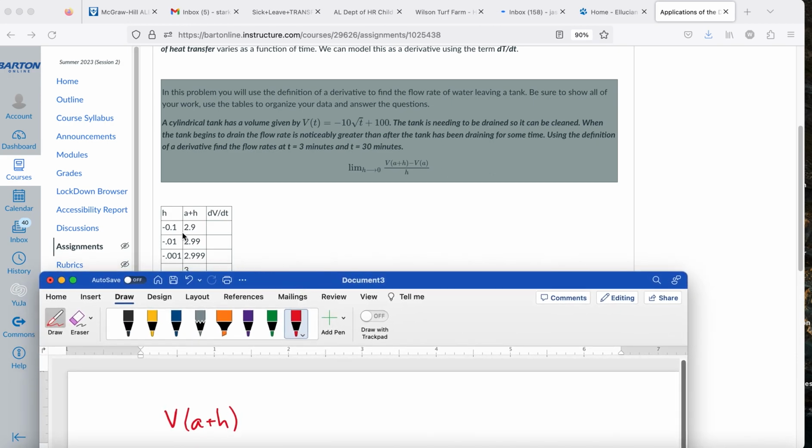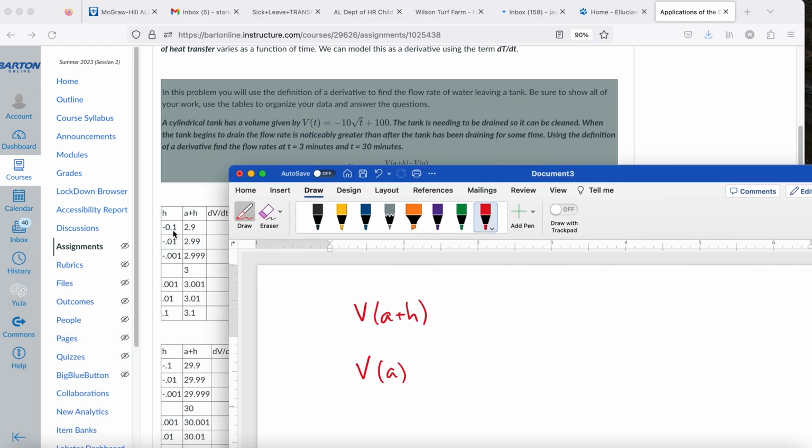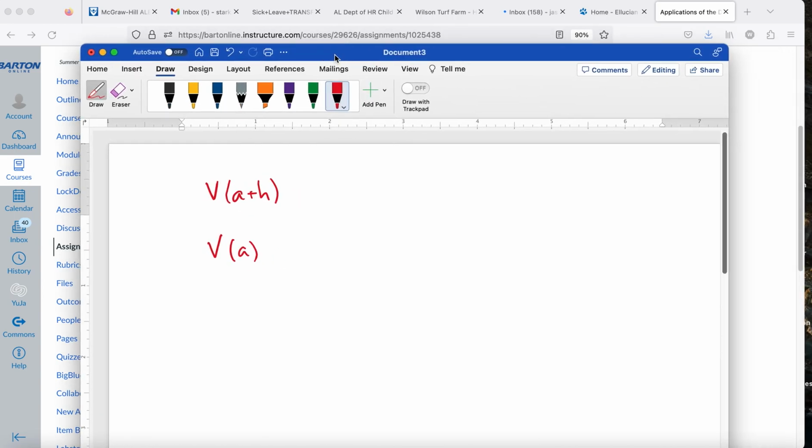And h is negative 0.1, negative 0.01, negative 0.001, and on the other side positive 0.001, 0.01, 0.1, which really just means we're looking at times that are very, very close to 3 minutes.